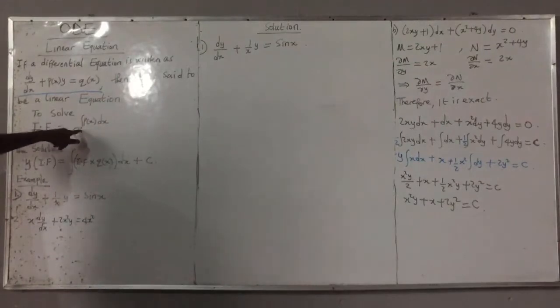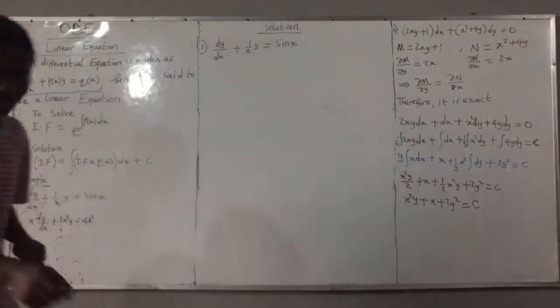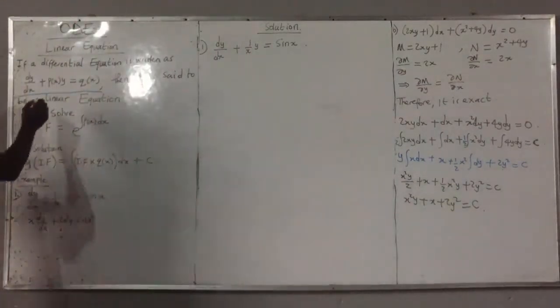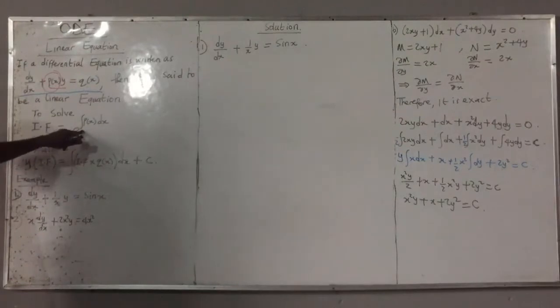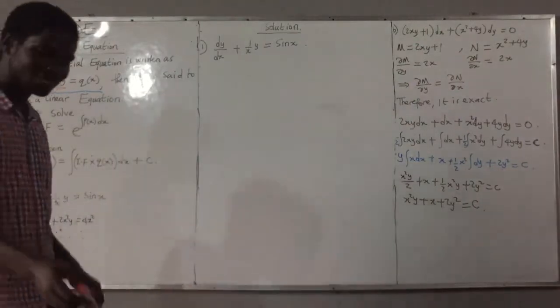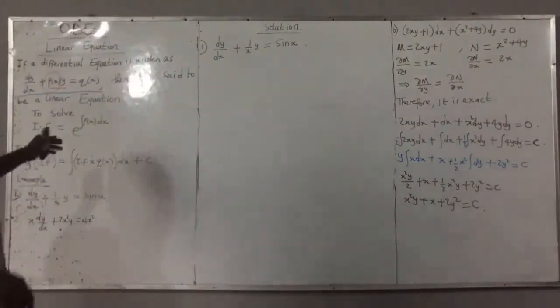Now, if you want to solve a linear differential equation, you will first find what we call IF. IF means integrating factor. And what is the integrating factor? e raised to the power of the integral of P(x) dx. What is P(x)? P(x) is that coefficient of y. Do you understand? So e raised to the power of the integral of P(x) dx. That is what we are talking about now.